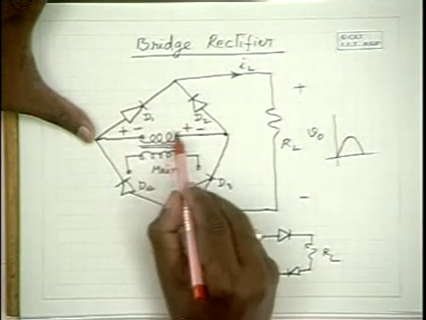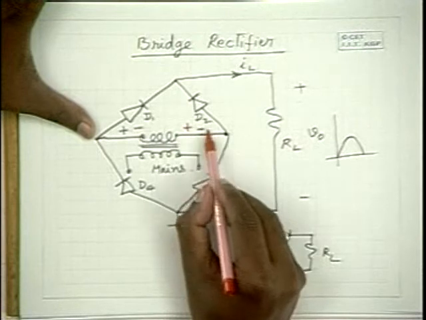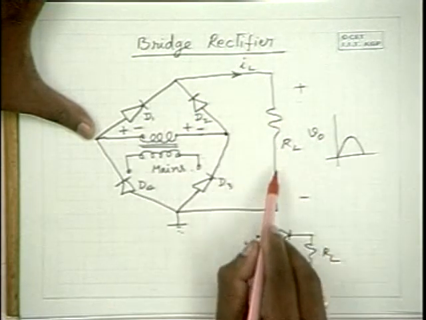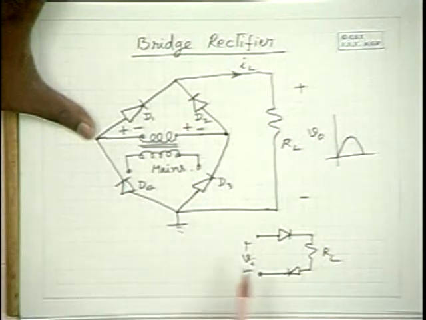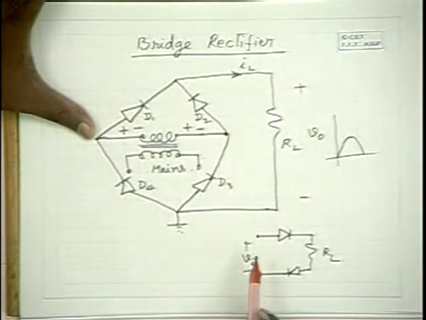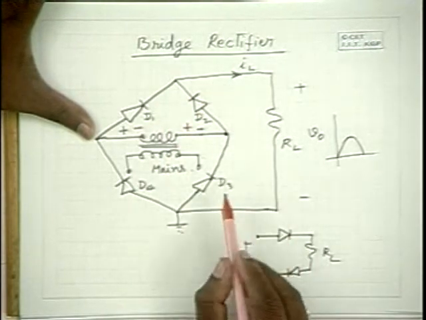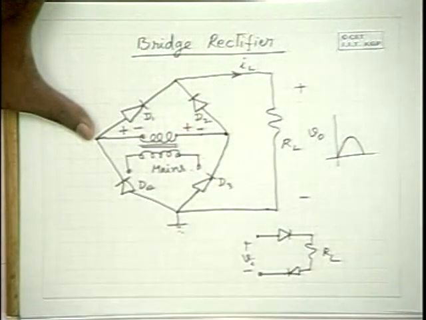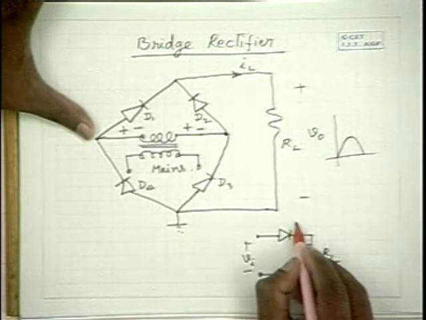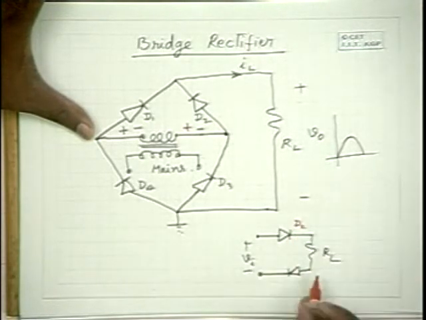Now, this positive supply is applied to RL through D2 and D4, in the same fashion as here. So the negative half cycle is applied in the positive direction to the RL through D2 and D4. This time it is D2 and this is D4.